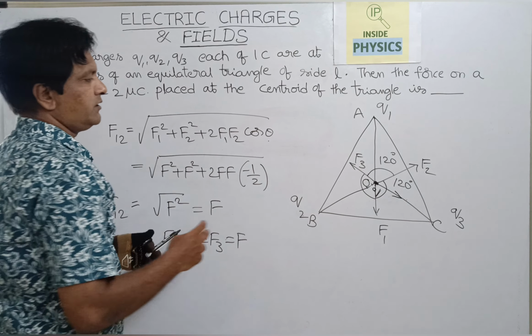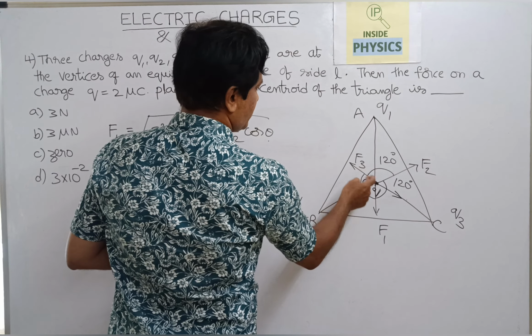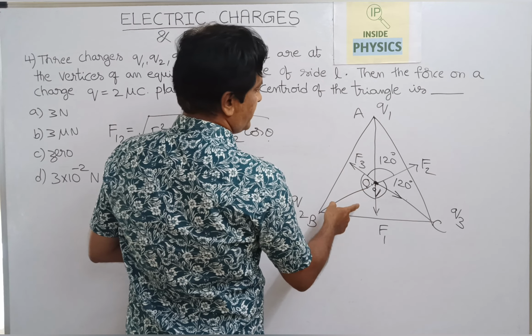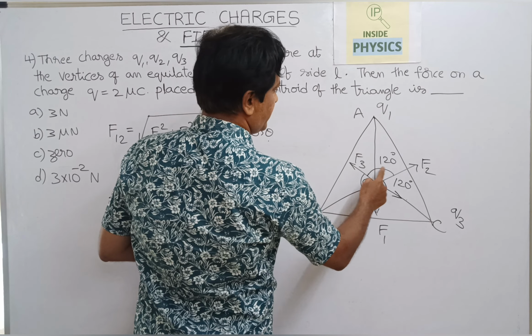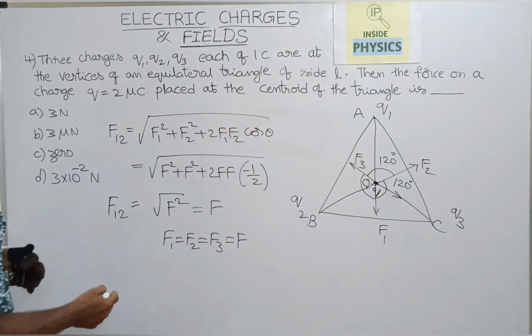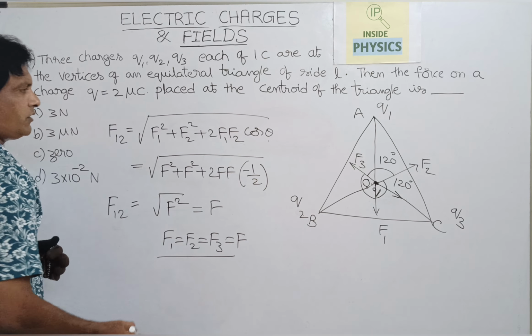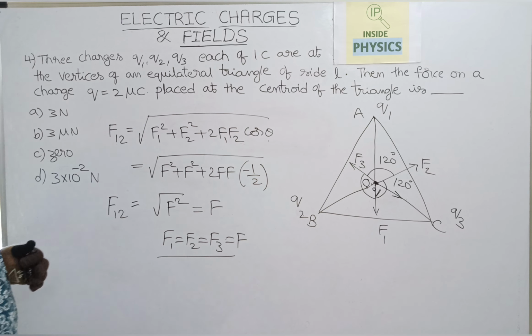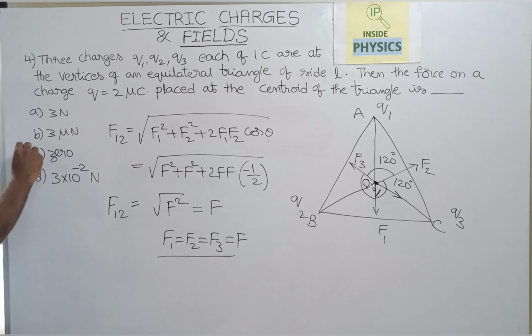In the same sense, the resultant force of these two will be balanced by F2, and the resultant of F3 and F2 is balanced by F1. So the net force on the charge Q, because all the forces are balanced, is 0.